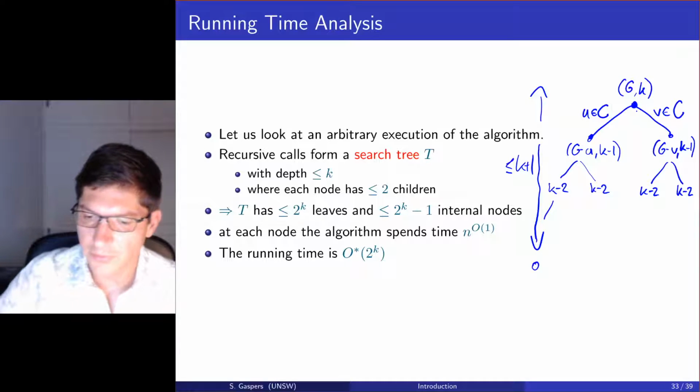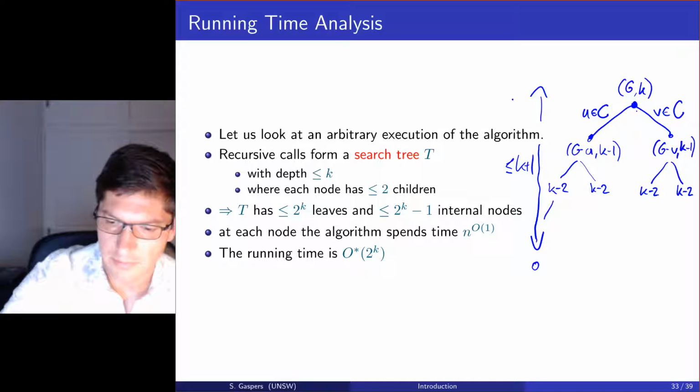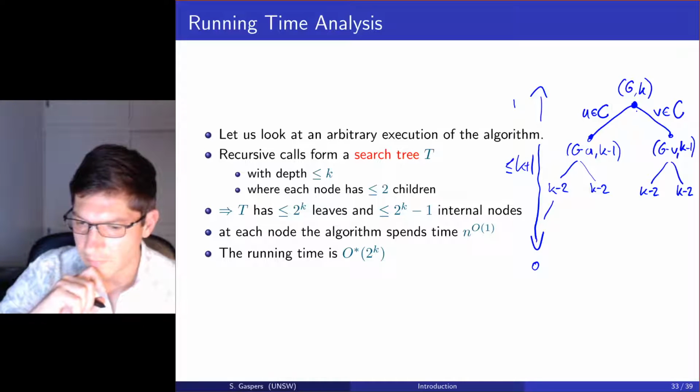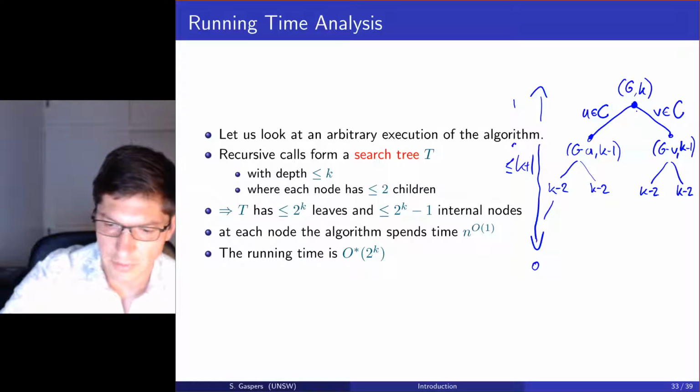On the first level of the search tree, on the uppermost level, we have one node. On the second level, we have two nodes.